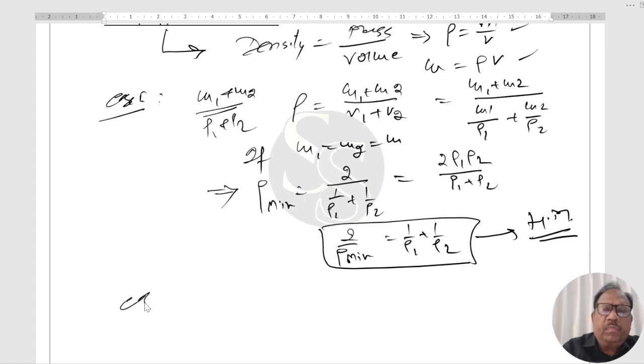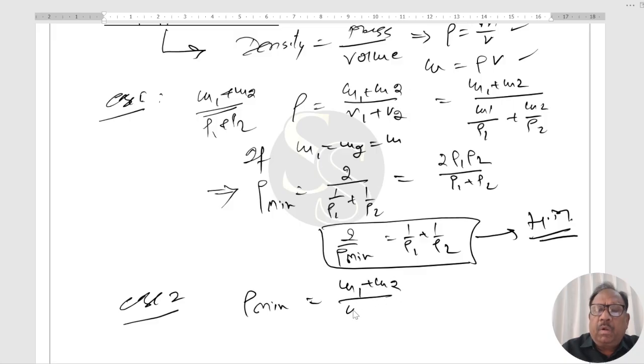Case 2. Density equal to mass upon volume. So, rho mixture equal to m1 plus m2 divided by v1 plus v2.